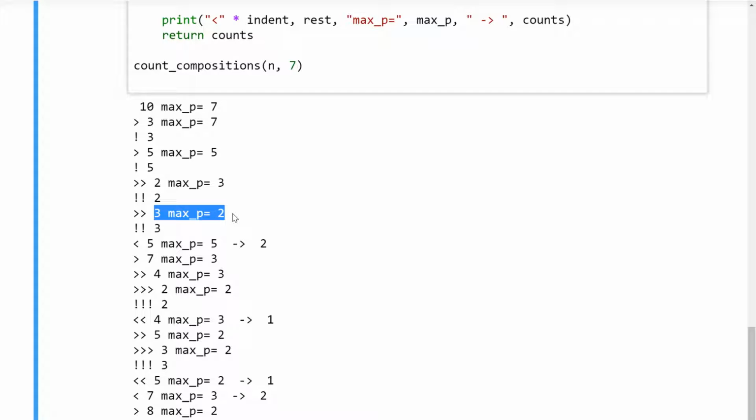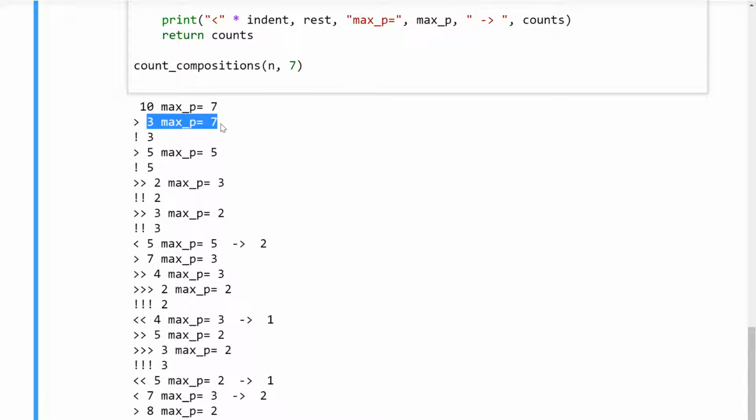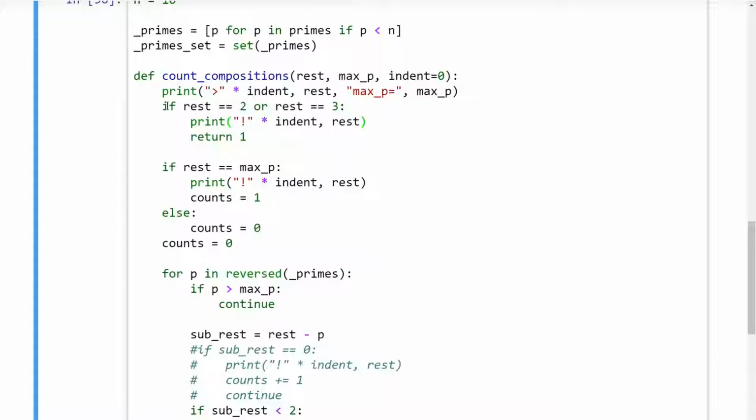So max p, well, let's see. Here it's okay to count, I believe, because I guess max p is greater. I don't know. But let me just try this other thing.